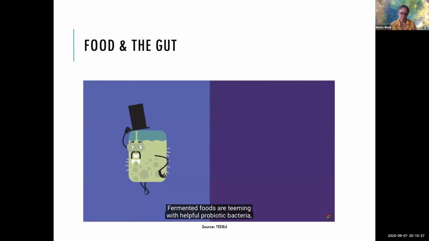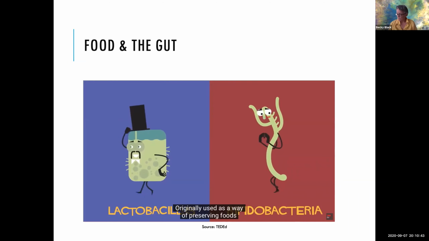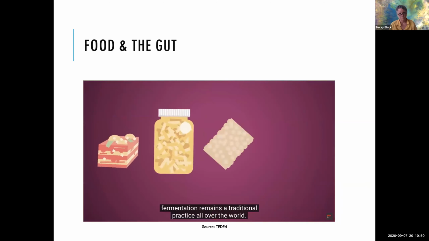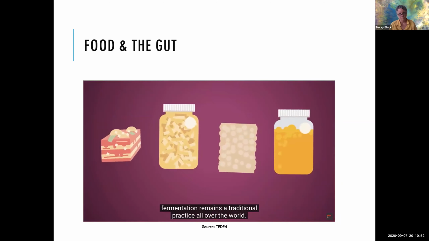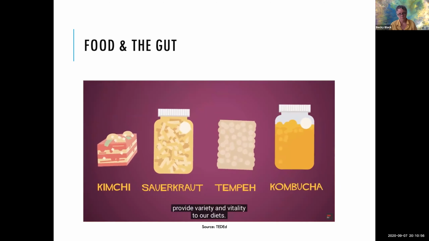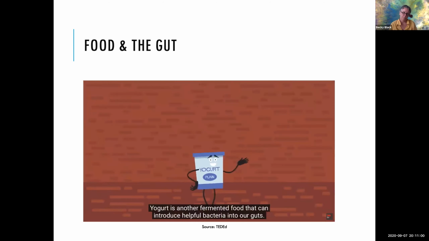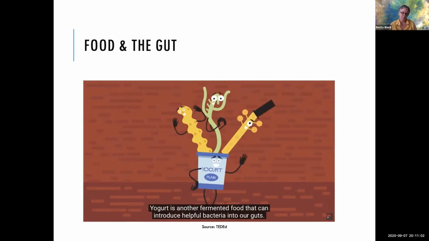Fermented foods are teeming with helpful probiotic bacteria, like lactobacillus and bifidobacteria. Originally used as a way of preserving foods before the invention of refrigeration, fermentation remains a traditional practice all over the world. Foods like kimchi, sauerkraut, tempeh, and kombucha provide variety and vitality to our diets. Yogurt is another fermented food that can introduce helpful bacteria into our guts.